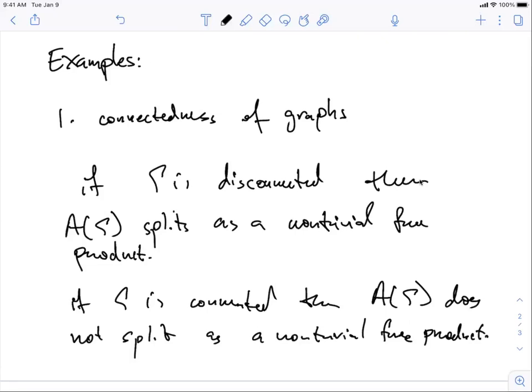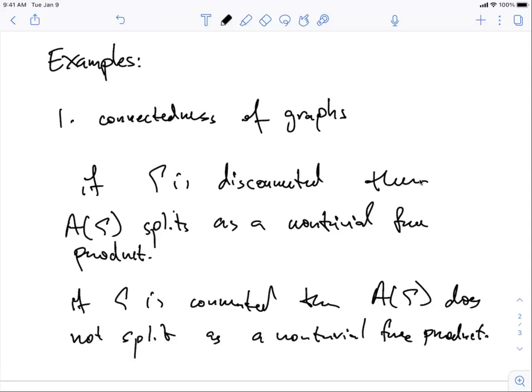start with a graph that's connected, then you can write it as a union of two simpler graphs, the star of some vertex together with everything but that missing vertex.